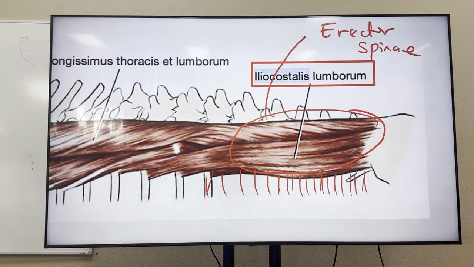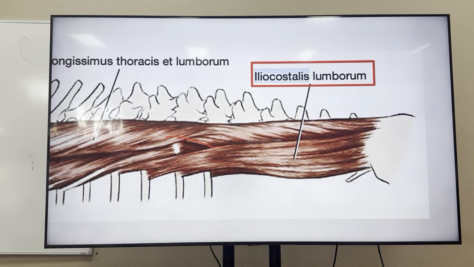Since the ribs are absent here, this muscle connects the ilium to this lumbar region. So this fusion reinforces this region and aids in upright standing. However, they are separated cranially. They go their separate ways. So this is longissimus and this is iliocostalis lumborum.